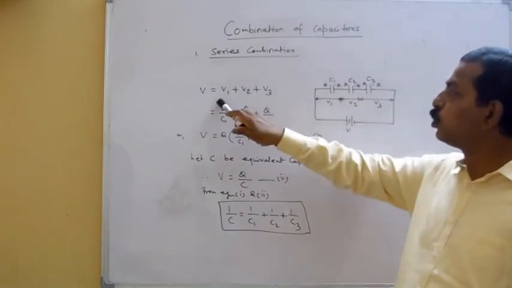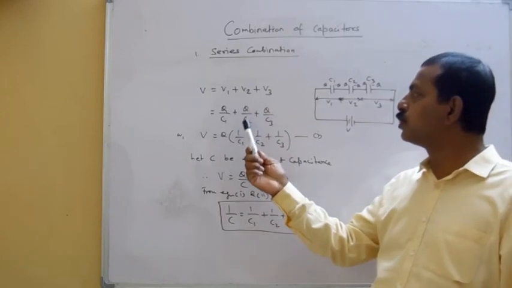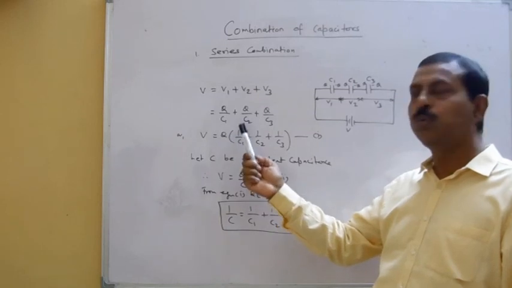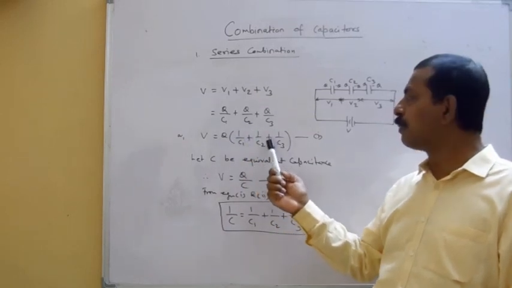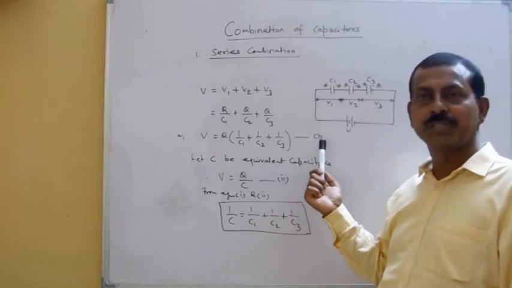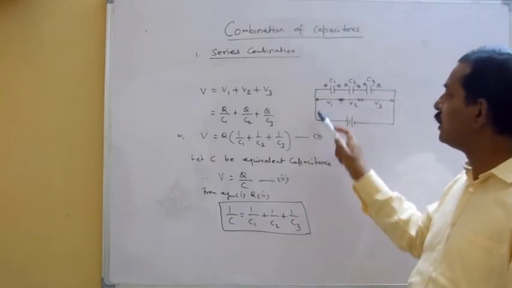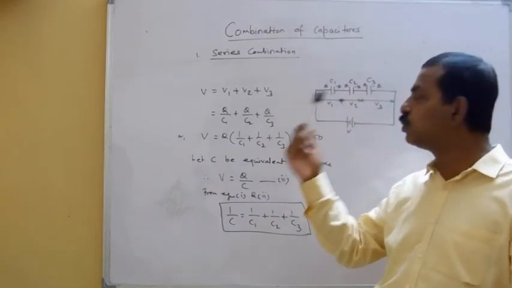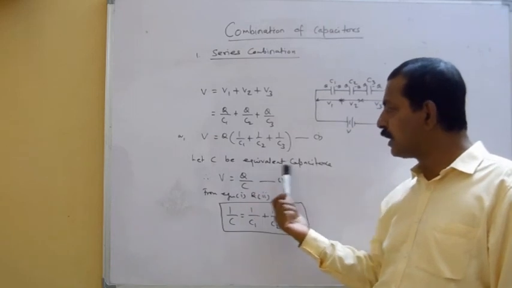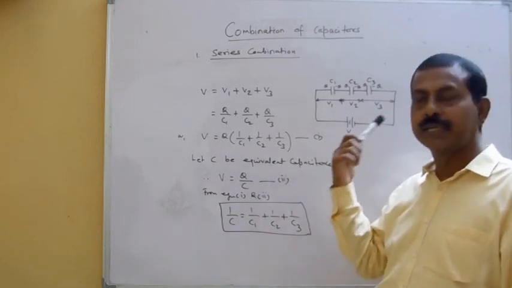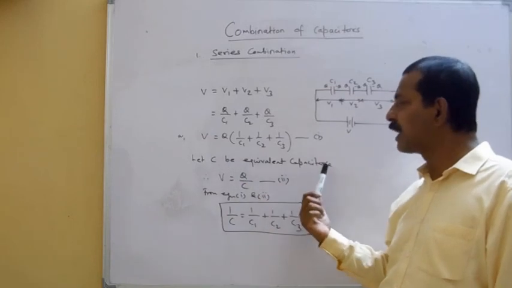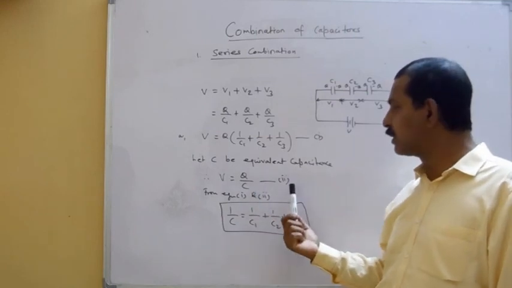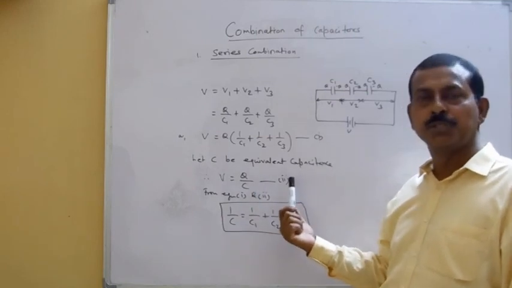V1 we can write as Q by C1, V2 as Q by C2, V3 as Q by C3. So obviously V can be written as Q into (1 by C1 plus 1 by C2 plus 1 by C3) as the first equation. Suppose C is the equivalent capacitance for this entire network. If I am using C to represent the capacitance of the equivalent circuit, so V can be written as Q by C, as that will be represented by equation 2.